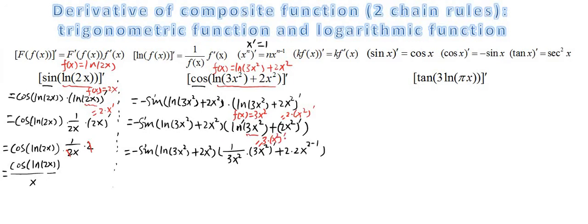Okay, and again for the first term here, we can apply the constant multiple rule. And this guy actually can be written as 3 times 2x to the power 2 minus 1, the power rule. Okay, so we can continue to simplify it.